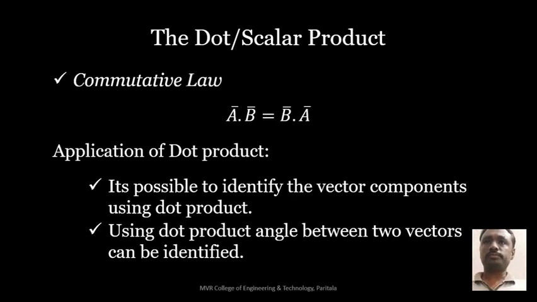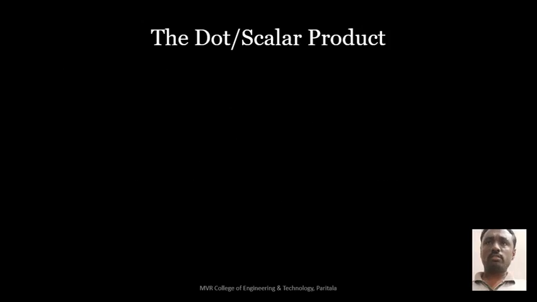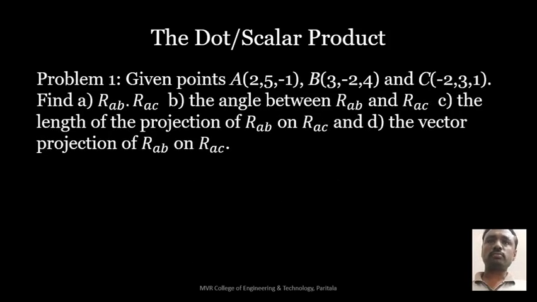And see here, I gave a problem. For the given points A, B and C, we need to find RAB dot RAC, and in the second part we need to find the angle between RAB and RAC, the length of the projection of RAB on RAC, and the vector projection of RAB on RAC.